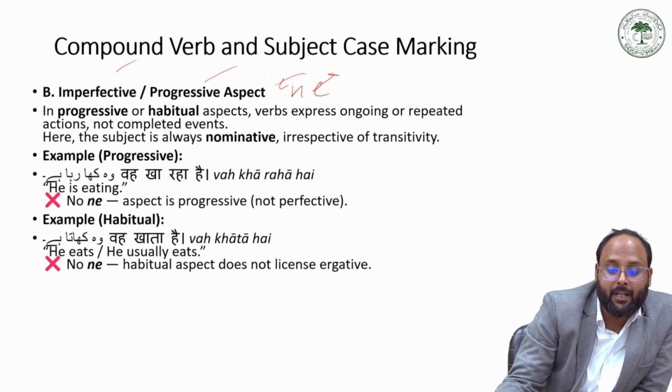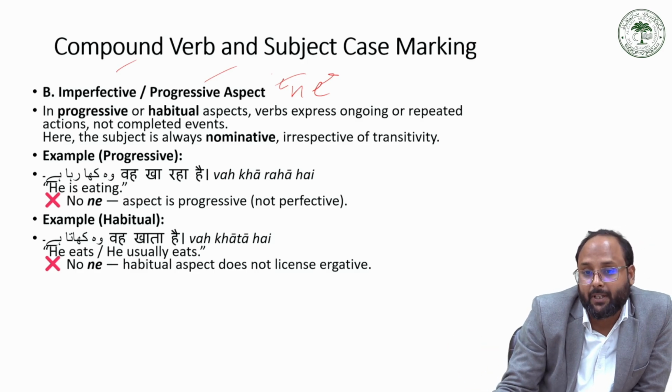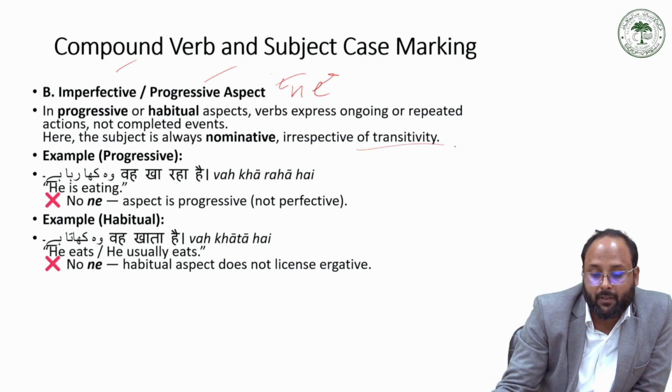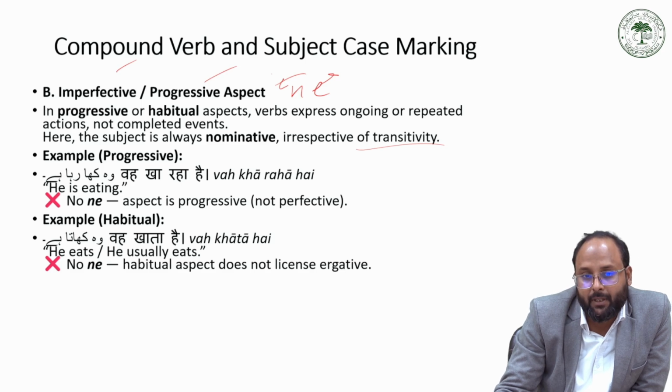In this case, we have only the nominative subject, irrespective of transitivity. Like वो सो गया, या वो सो रहा है या वो जाग रहा है. So in both conditions we have the nominative subject.